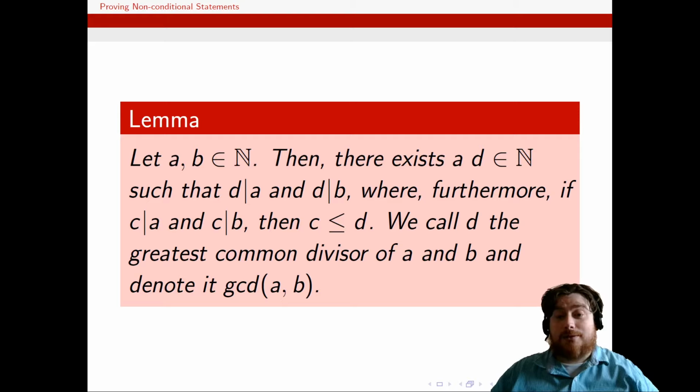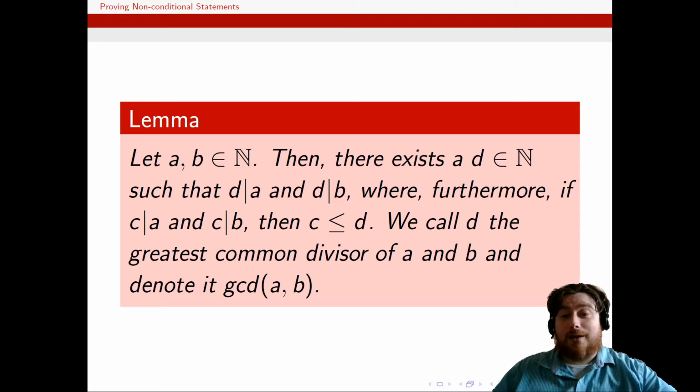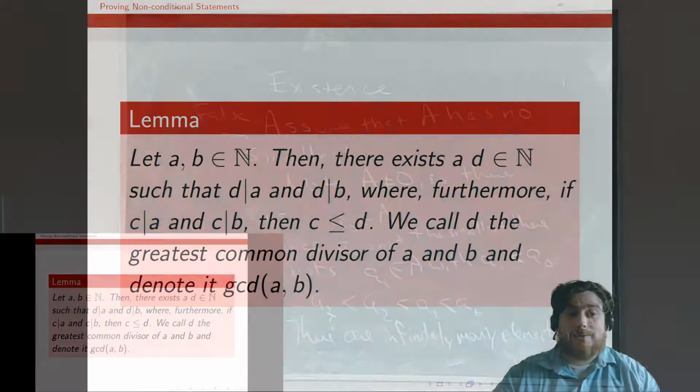I can do that by showing that the set of common divisors is a finite non-empty set, because if it's a finite non-empty set, we've just shown that it has to have a greatest element. So to prove that the greatest common divisor exists and is unique, I'm just going to show the set of all common divisors is a finite non-empty set. So that's how these tie together. All right, so let's go ahead and do that.